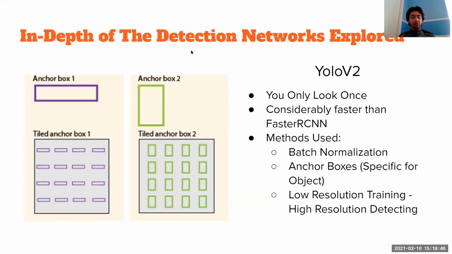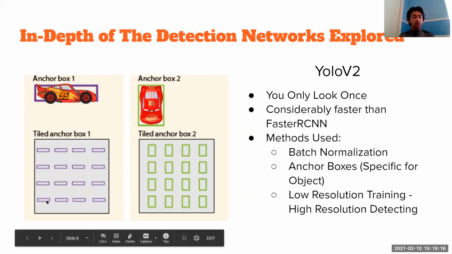As for the YOLO v2 neural network, the one main difference versus faster RCNN, and most likely the reason why YOLO v2 is much faster, is their use of anchor boxes. Anchor boxes are essentially, given the input object that you're looking for, it determines the general shape of the bounding boxes, and searches for that same bounding box throughout the image.